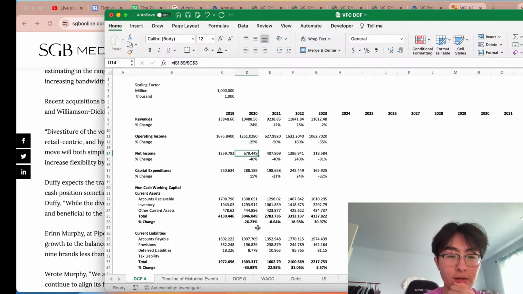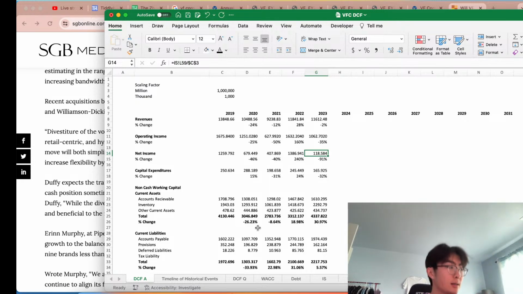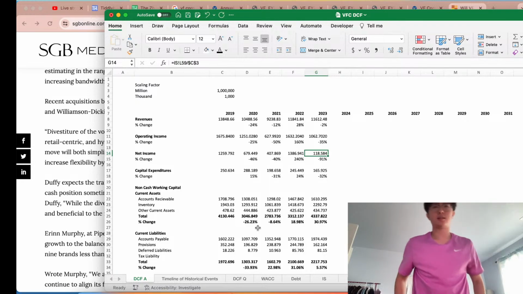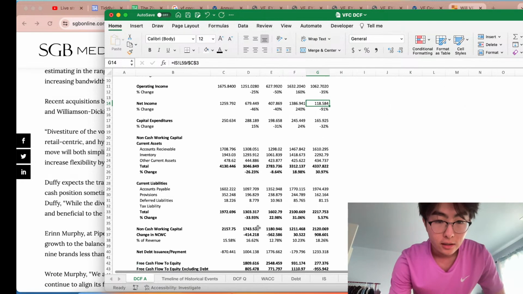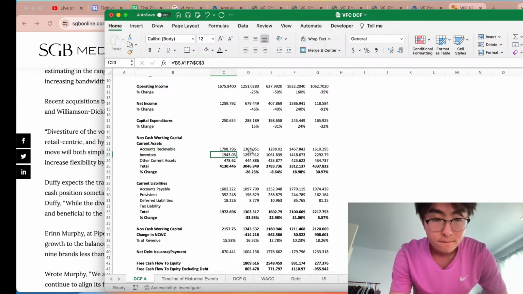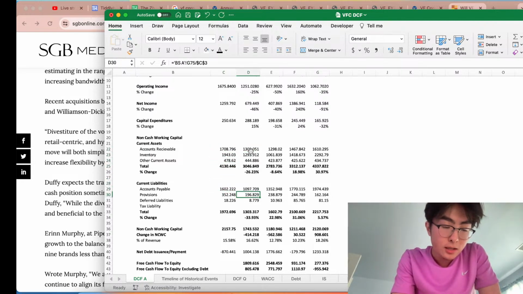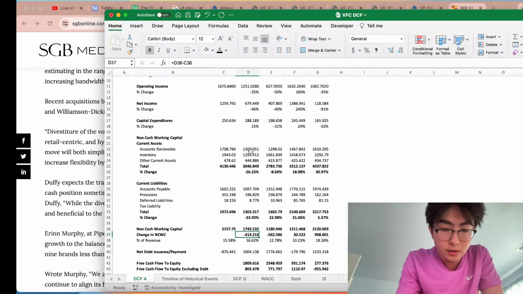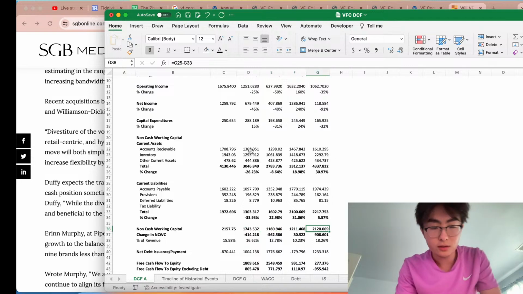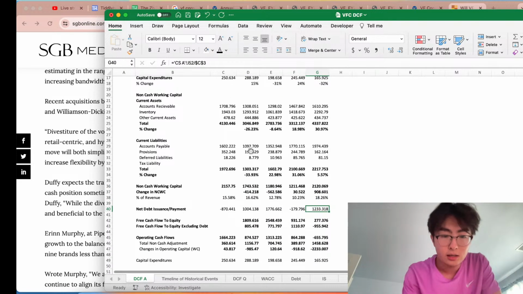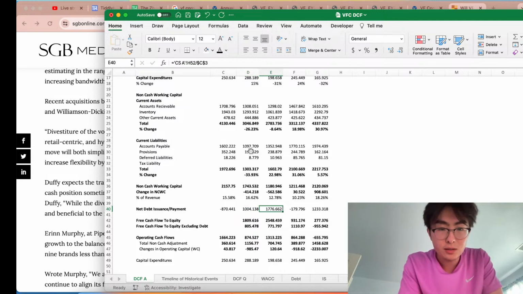That's just why net income fell a lot. But this is even greater, so. Okay. Liabilities, non-cash working capital, changes in non-cash working capital. Alright, so that decreased. So it increased a lot this year. Net debt issuance payments.